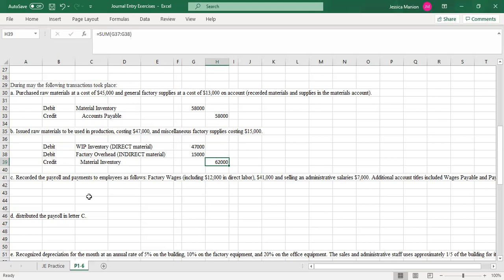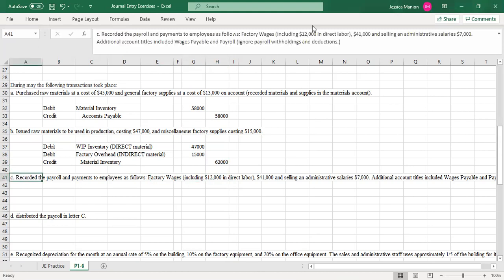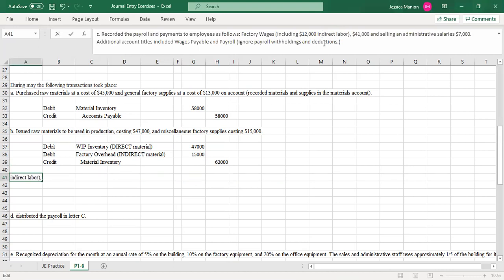All right, letter C. This one says, recorded the payroll and payments to employees as follows. Factory wages including 12,000 of indirect labor is 41,000. I gotta look at our book again. Okay, I see what I did. There's a space between those.